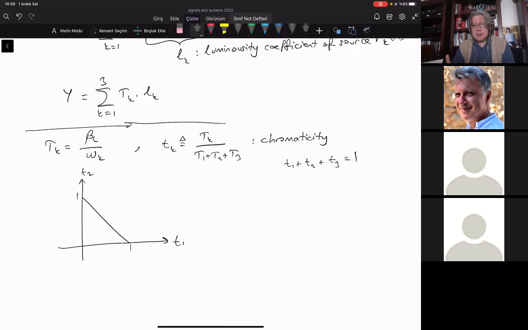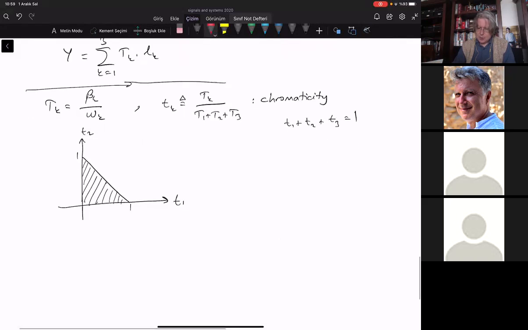We don't have t3 because t3 is 1 minus t1 minus t2, okay? This is the place that can be reproduced, and in general, the human visual system chromaticity diagram is something like this.